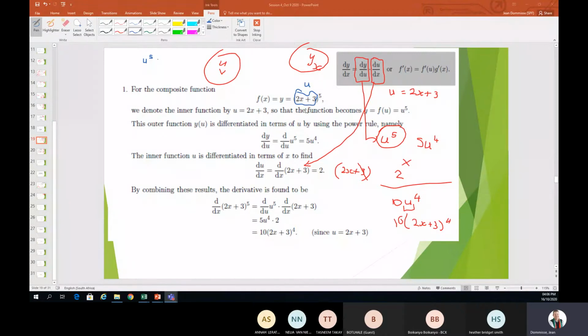Basically the rule then said that now we have u to the power of 5, which we need to differentiate.